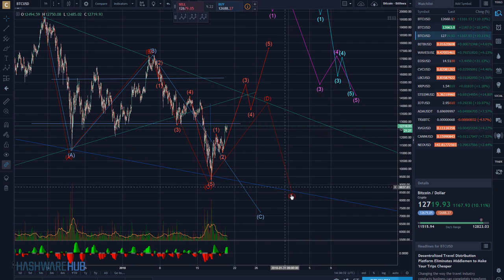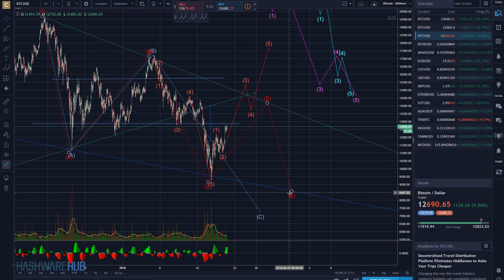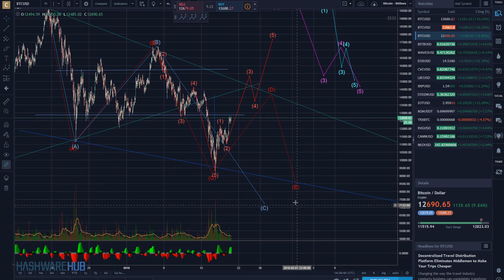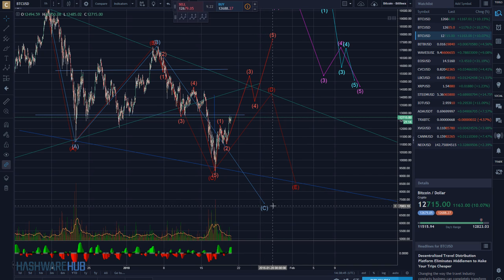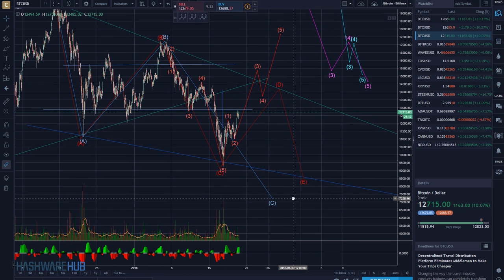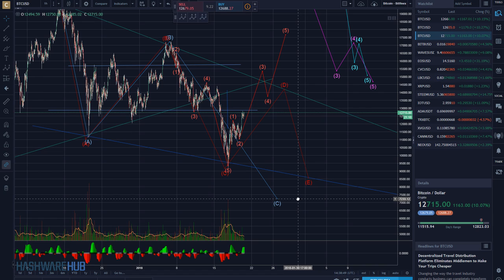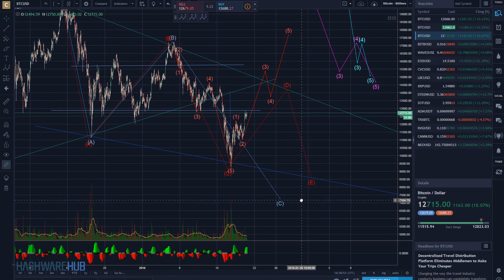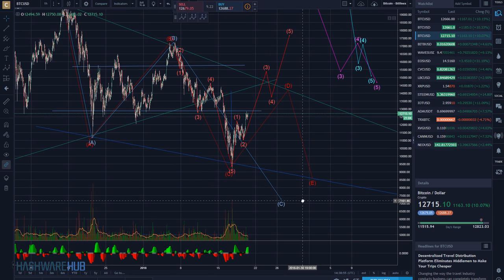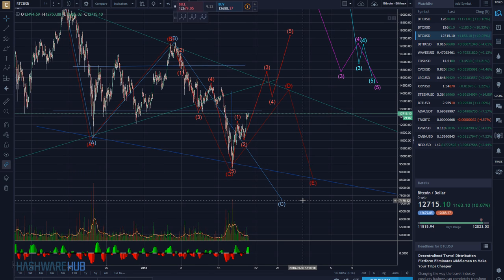So if the market comes down to this E level, then it's getting closer to this level that we would like the market to get down to. Now, I got a lot of flack for saying that the market's going to come down to 7,000. A ton of flack, a lot of people being very sarcastic, saying things to the effect of, "Oh, look at me. I made a lower low, therefore I know more than everybody else, and listen to me.